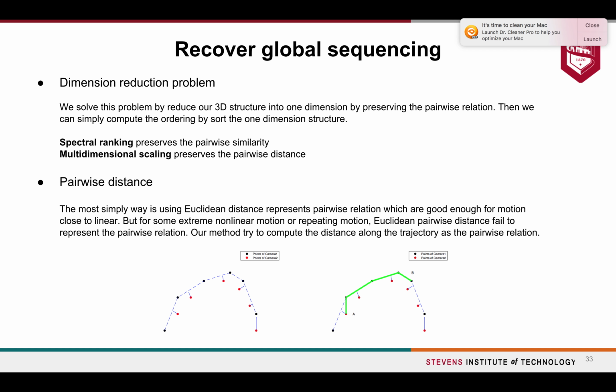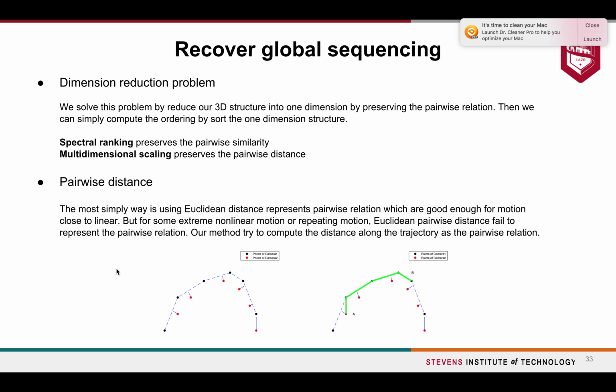Then we can simply compute the ordering by sorting this one-dimensional structure. We use two dimension reduction methods: spectral ranking preserves the pairwise similarity, and multi-dimensional scaling preserves the pairwise distance.